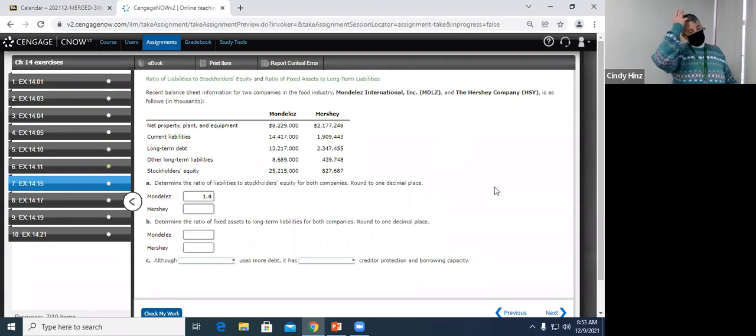This is a measure of the company's leverage. It's looking at the credit side, the right-hand side of their balance sheet, and comparing what do they have in liabilities, what do they have in equity. The more liabilities a company has compared to their equity, the riskier they are, the more leveraged they are.